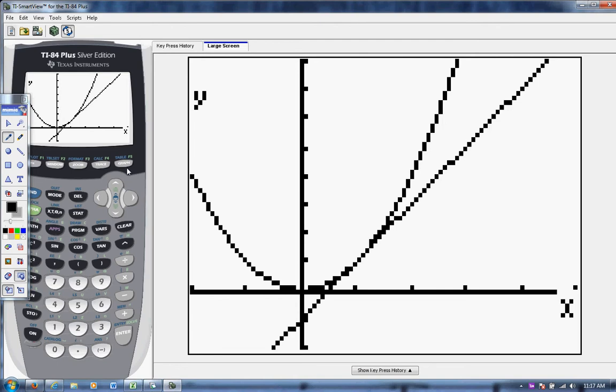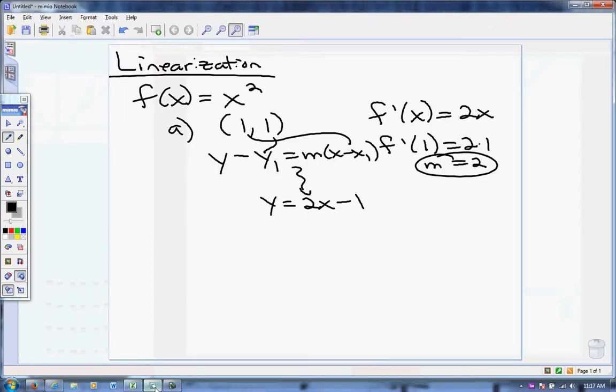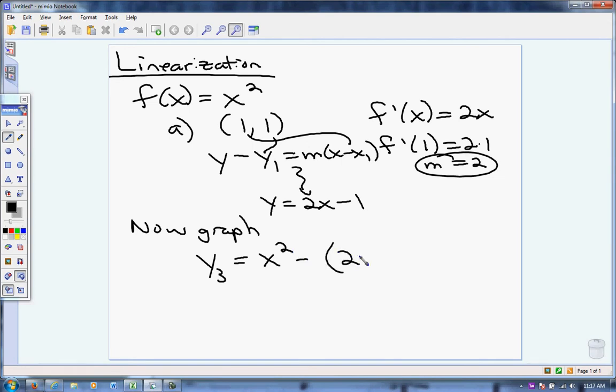Now, let's do something else. Let's come back to my main page. Now, I want us to graph into y3 x squared minus, in parentheses, 2x minus 1. Now, what am I doing there?